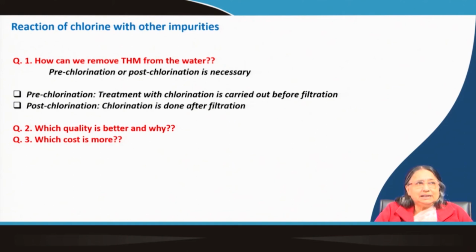So, in the first case the cost will be more, because more chlorine is required. And what about the quality? Which quality is better and why? This is also important. Think about it. Which quality will be better, from pre-chlorination or from post-chlorination? Think about it.